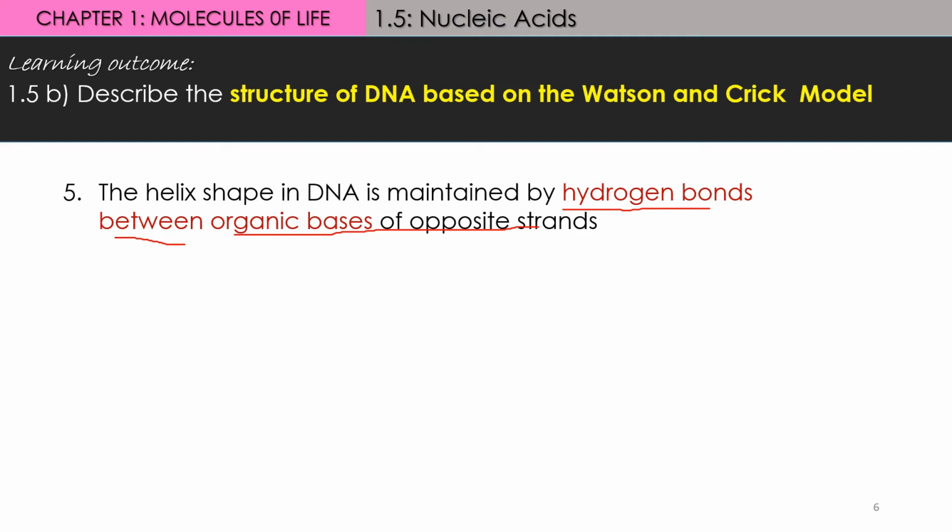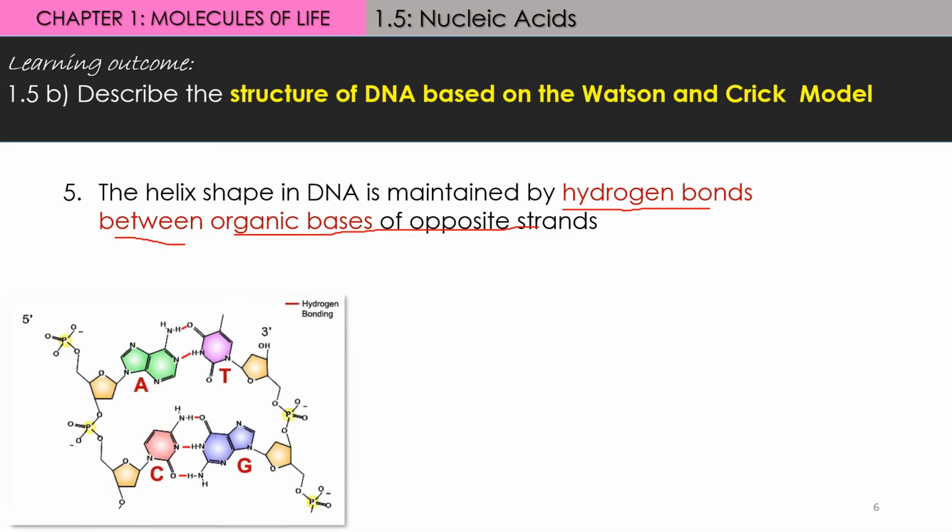Hydrogen bonds are strong intermolecular forces created when a hydrogen atom is bonded to an electronegative atom. That is a hydrogen bond. Let us plot the hydrogen bond on another figure of DNA.